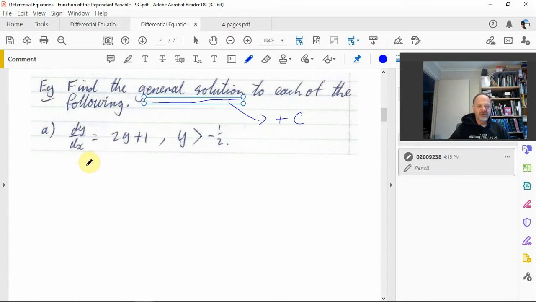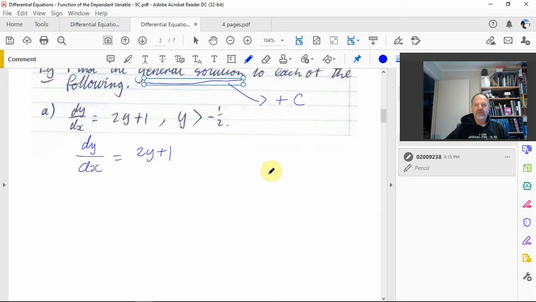All right, so we've got dy/dx equals 2y plus 1. Now we need to deal with that so we can anti-differentiate. What we do first of all, as I indicated before, is flip both sides. The left-hand side becomes dx on dy, I should be saying.